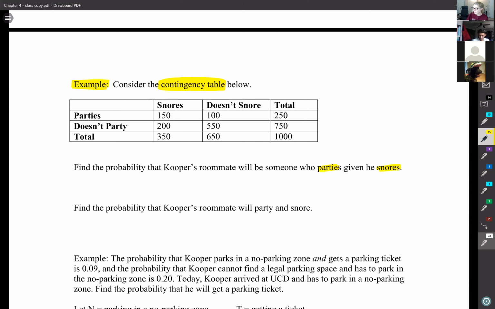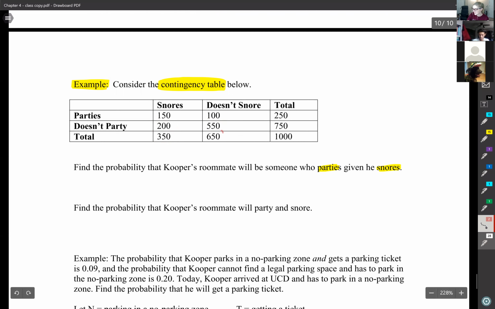So this table tells you right here that there's 150 people who party and snore. And right here, there's 200 people who don't party, but they do snore. And that's a total of 350 people that snore. So that's how to read one of these tables off. So this one is 100 people who don't snore and they party. And this is 550 people who don't snore and they don't party.